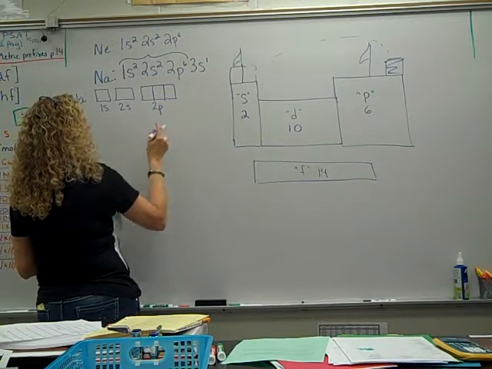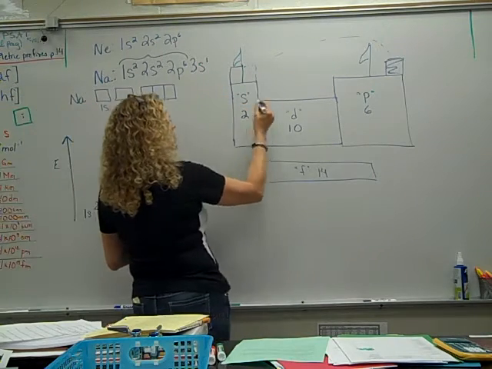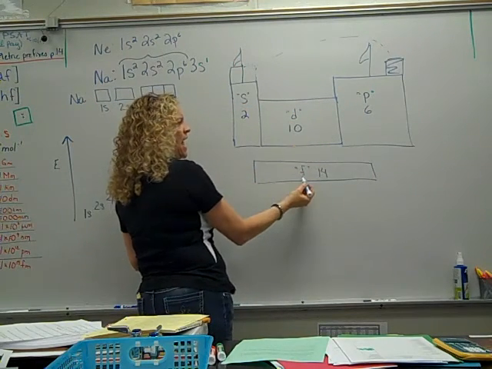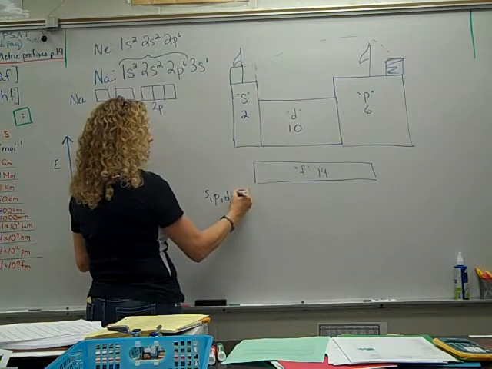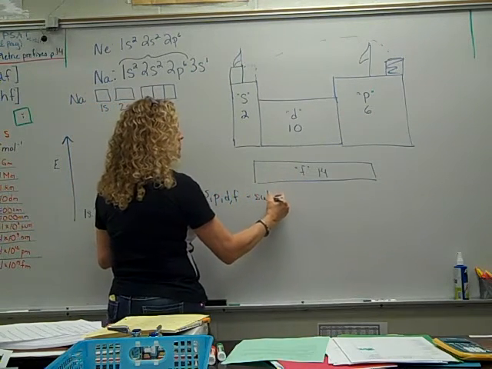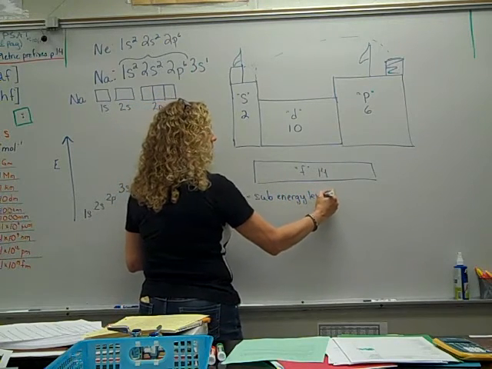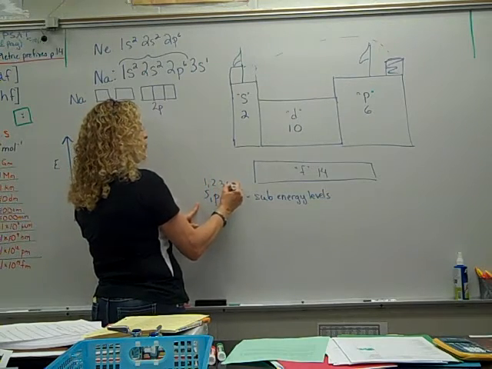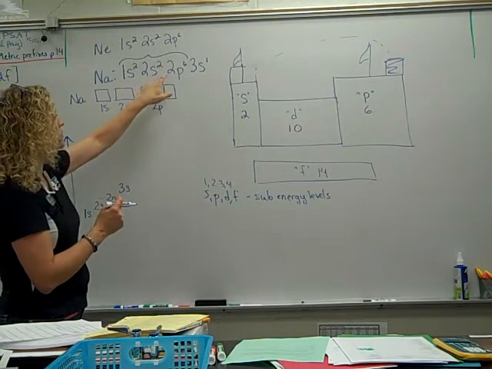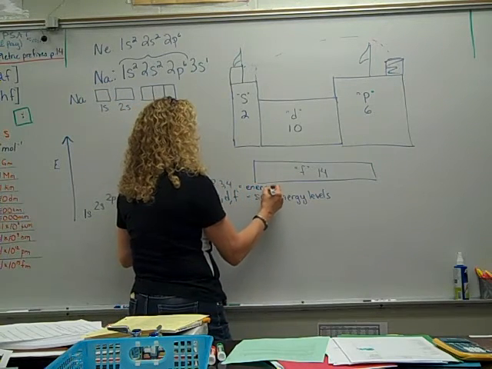All right, here's the deal. S, P, D, and F are what we call sublevels or sub-energy levels. The 1, 2, 3, 4, the big numbers in front, Rob told us these were just the energy levels.